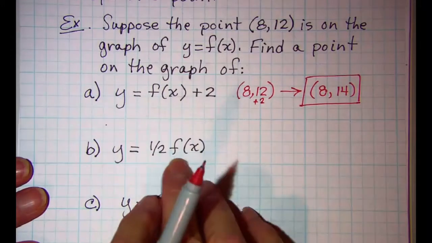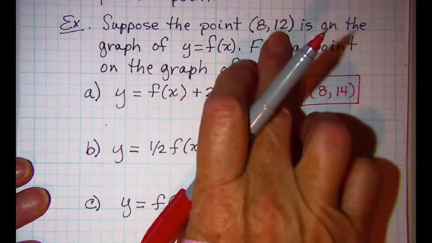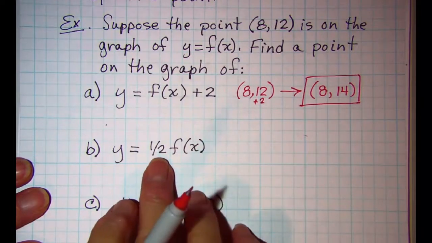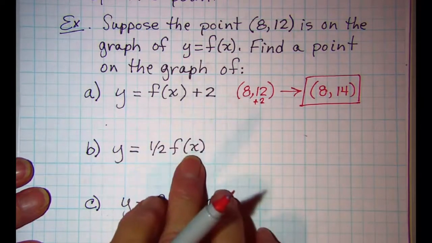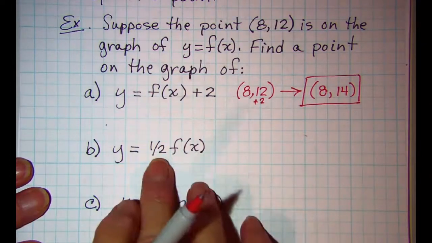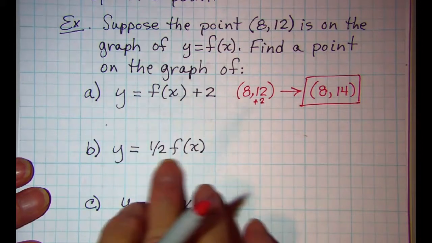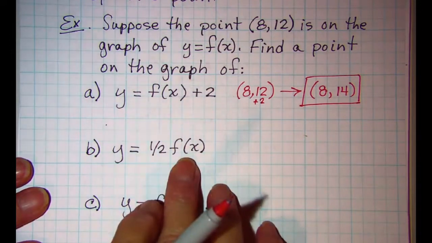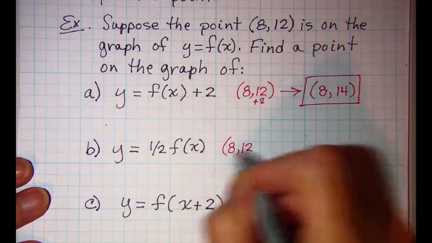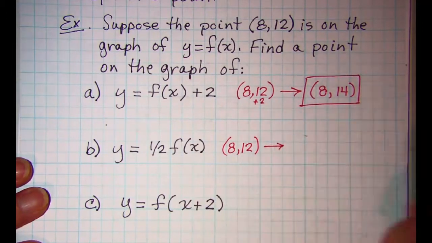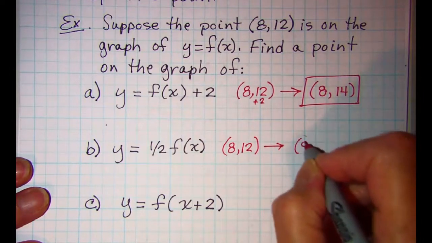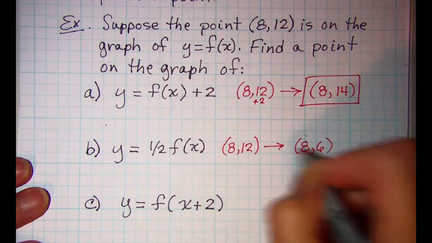On the next one, again, we're starting with the point 8, 12, and we're going to multiply the y value by 1/2. Remember, f of x is y, so that's all this means, is to take 1/2 times y. So 8, 12 is going to transform to half of 12 is 6, so 8, 6.